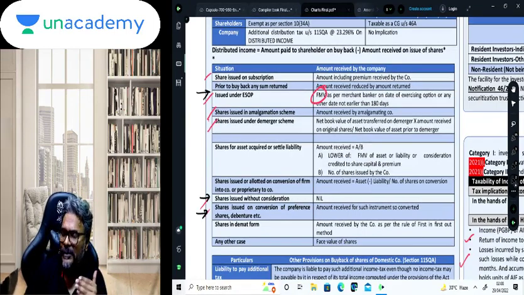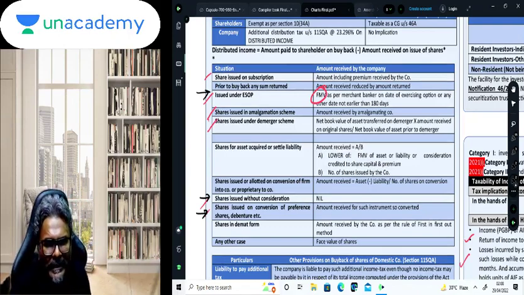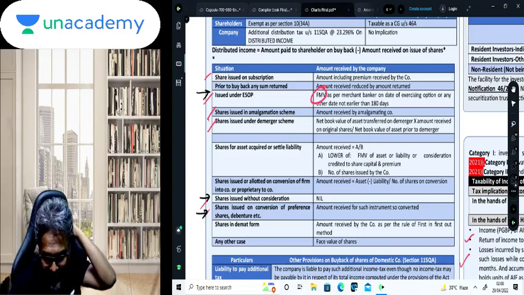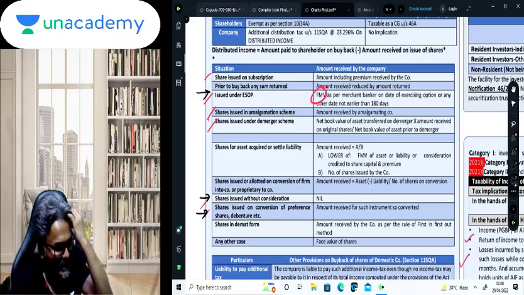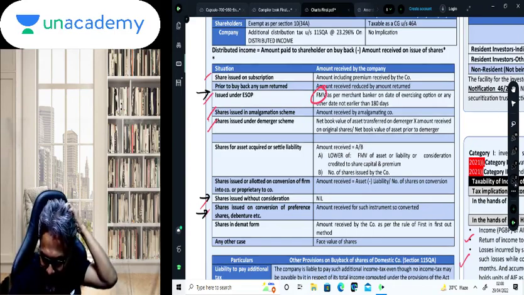The computed cost that you have worked out through this formula. The net amount will be the income arising out of this particular demerger, and that is exactly the situation in this regard.